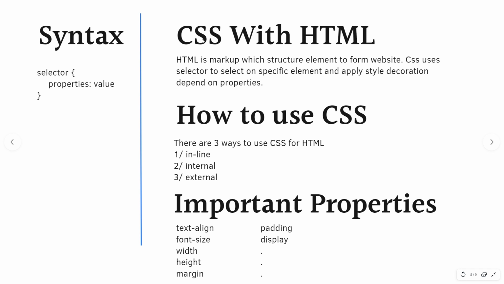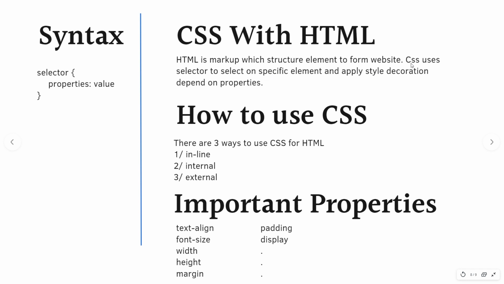In order to use CSS with the HTML, so HTML is the markup language which structures elements to form the website. It means that HTML is only the elements in order to form a website. So we use CSS, we use a selector to select a specific element.